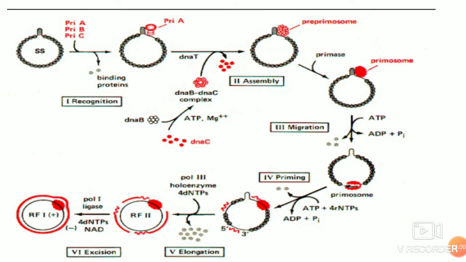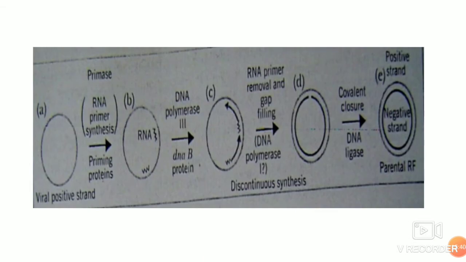That means short stretches of RNA are synthesized, which act as primers. To such a site, polymerase 3 holoenzyme, again taken from the host, is recruited, and you have the full strand extensions of the primed regions, and then ligase joins those extensions, and pol 1 removes the primer and fills the nick, and you have the replicative form. That is, you have both positive and negative strand.